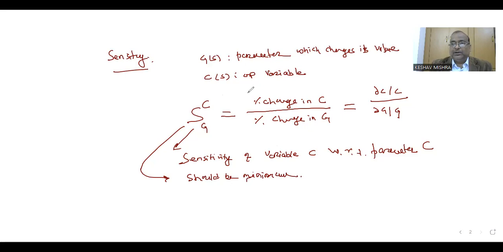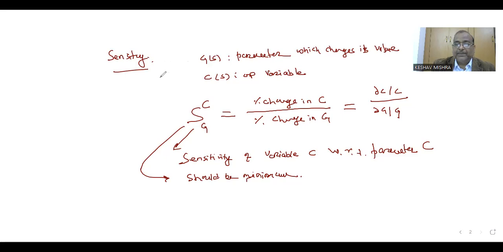So we have discussed the case of open loop and closed loop control systems, considering the changes in the forward part transfer function, which cause a change in the output variable, and we have defined the term sensitivity. Sensitivity is a useful term to assess the performance of a control system when conditions are changing, when there are changes in the environment in which the system is operating.